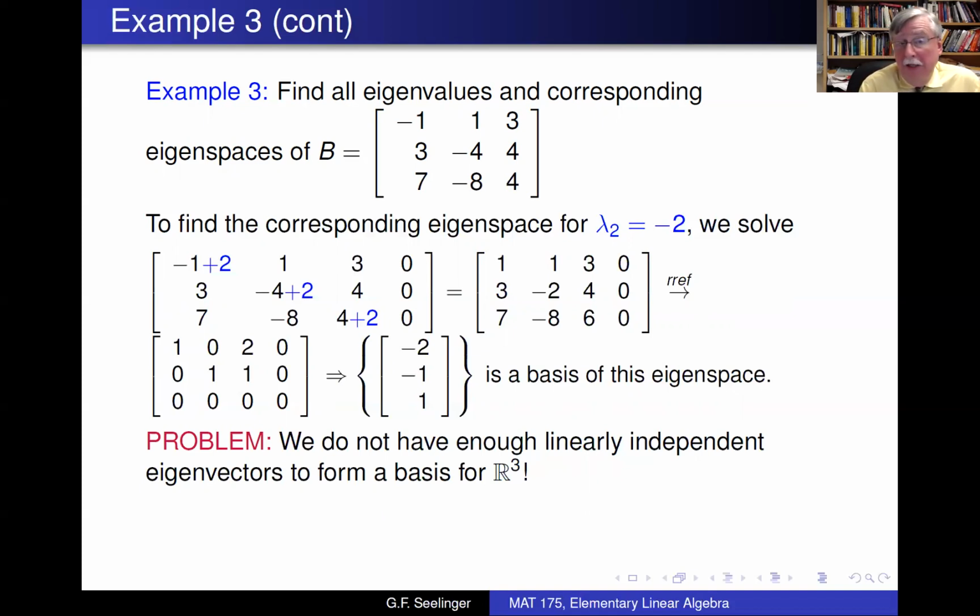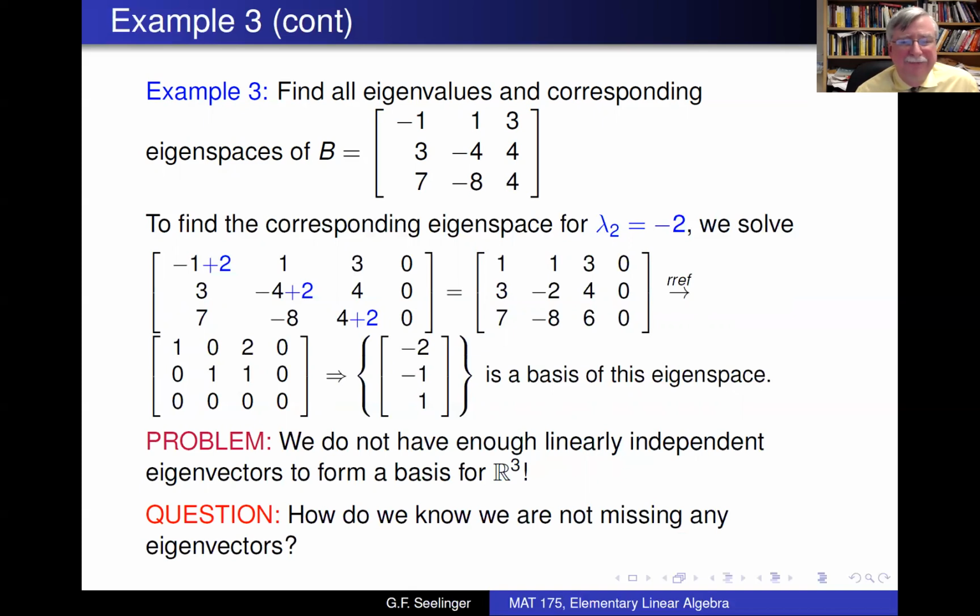We've got one for lambda equals 3, another one for lambda equals -2, and those are the only two eigenvalues, and we only have two linearly independent vectors. How do we know we're not missing any eigenvectors? Because there are only two eigenvalues, and these are the only ones that work.